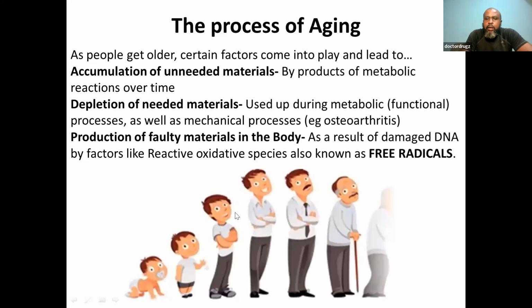Now, this is just a little depiction of what it seems like when people age. You can see a baby growing to be a toddler, then teenager, adults, and so on and so forth.